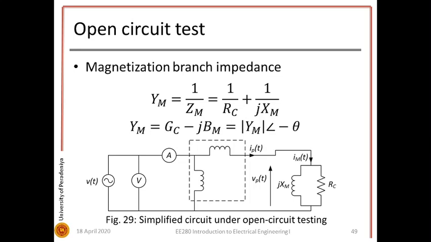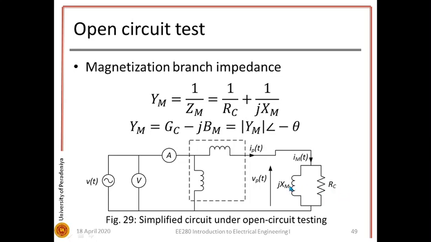We have the applied voltage Vt, then the voltmeter, ammeter and wattmeter, and the output of the wattmeter is connected to the transformer.